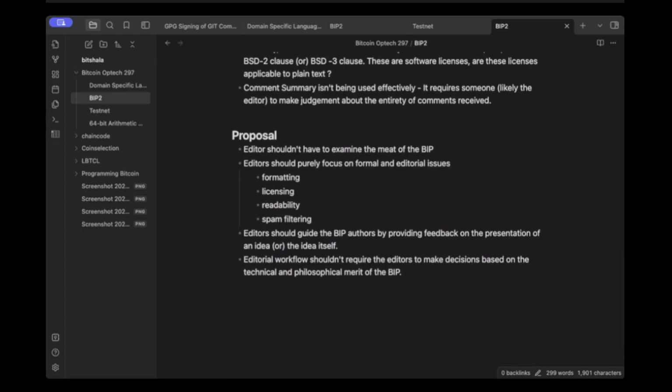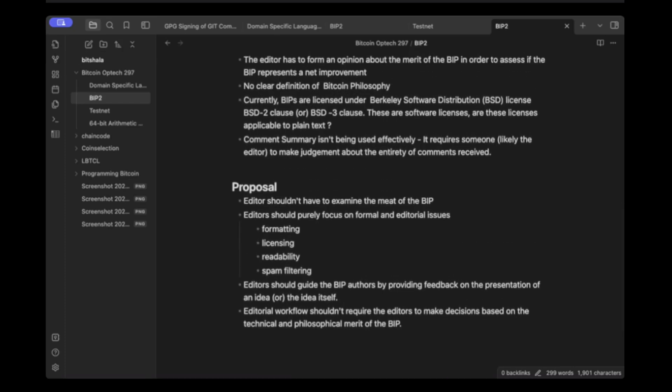And also finally, in no part of the editorial workflow should they be required to make decisions based on the technical and philosophical merit of the BIP. So that's what is the proposal. That's what people are trying to modify about BIP 2. So that's the news item.